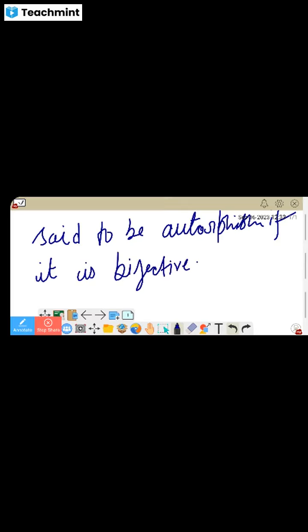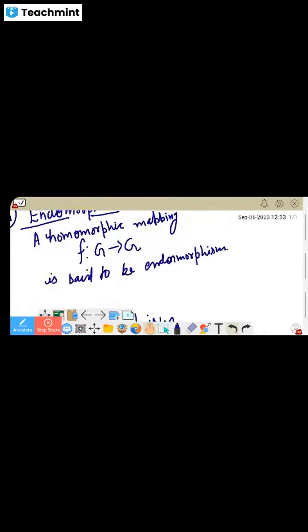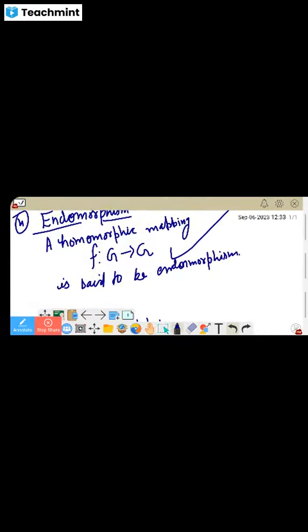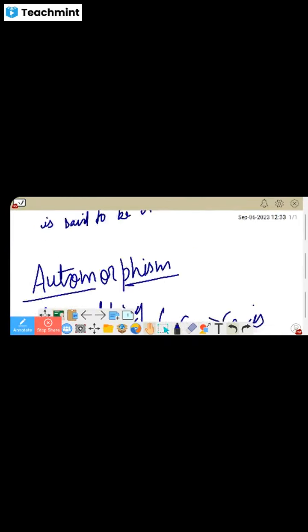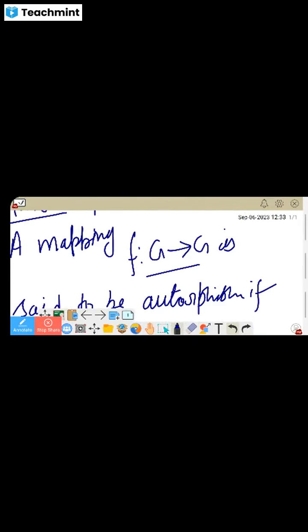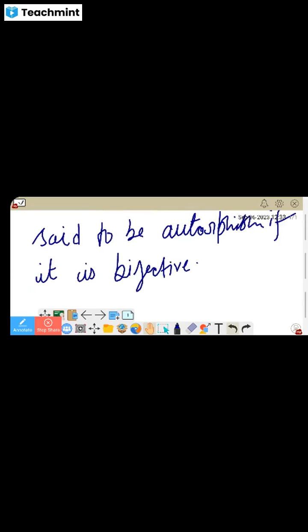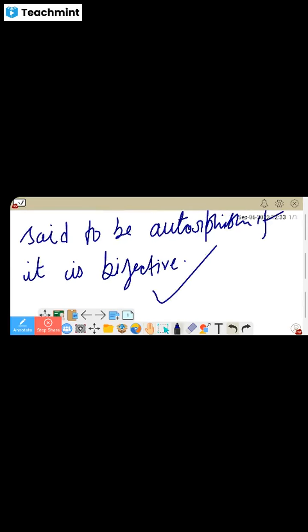Means in endomorphism we can have any mapping, but in automorphism, the mapping is G to G, and it must be bijective, one-one and onto. Only then we can say this mapping is said to be automorphism.